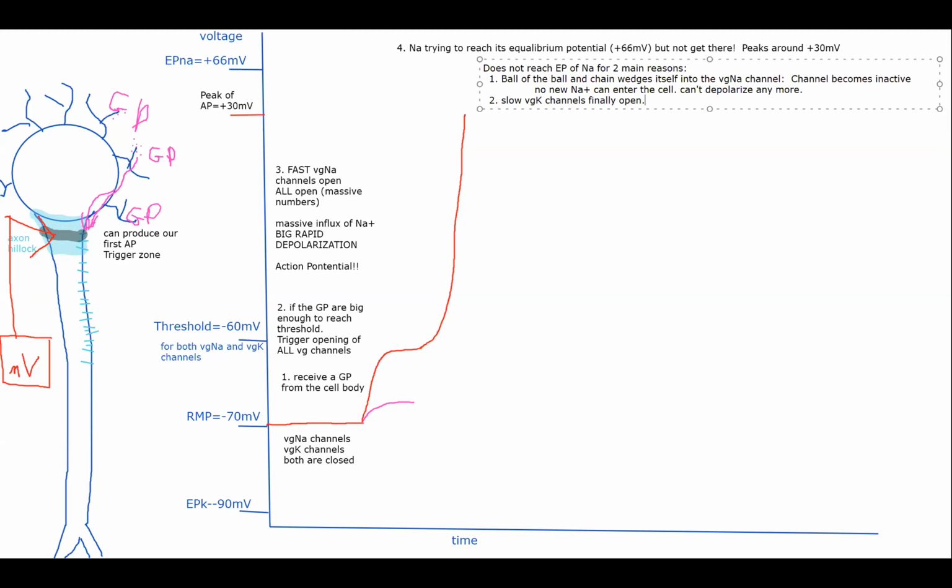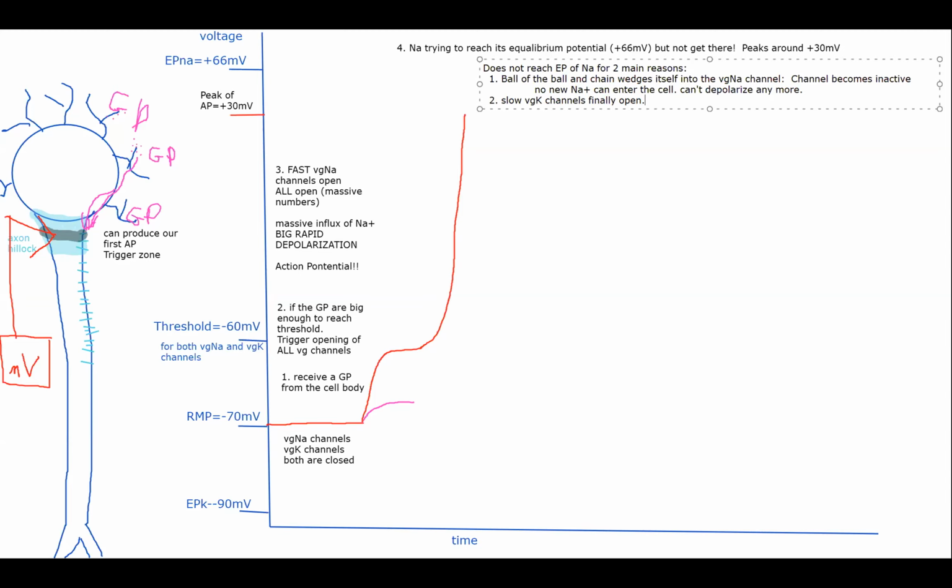Potassium, there's a lot of it inside the cell, very little outside, so it wants out of the cell. Potassium is a positively charged ion, and the cell is positive. And positive things don't like being where it's positive. So potassium really wants out.